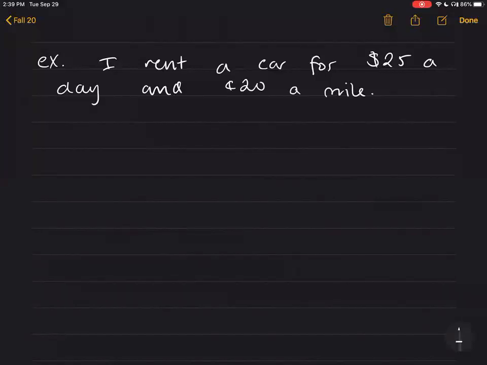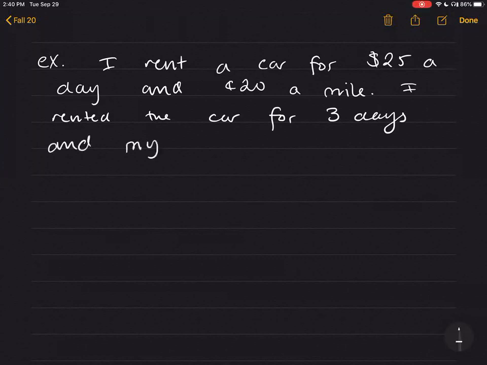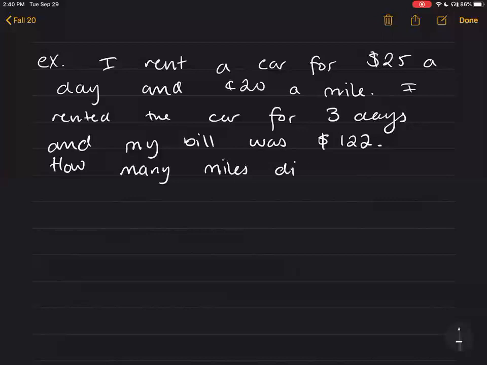I rented the car for 3 days, and my overall bill was $122. I want to know how many miles did I drive?